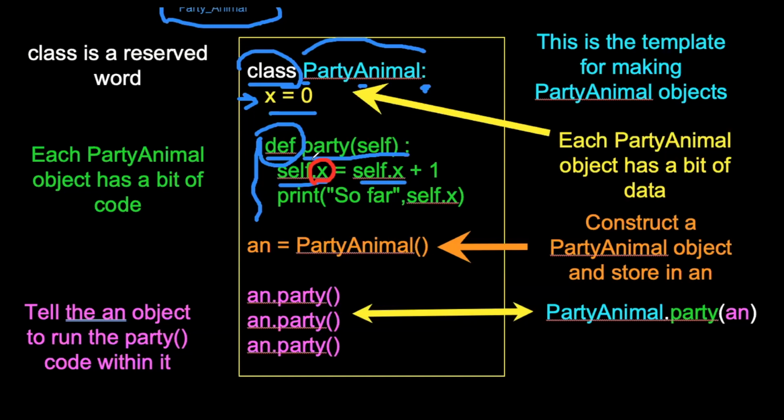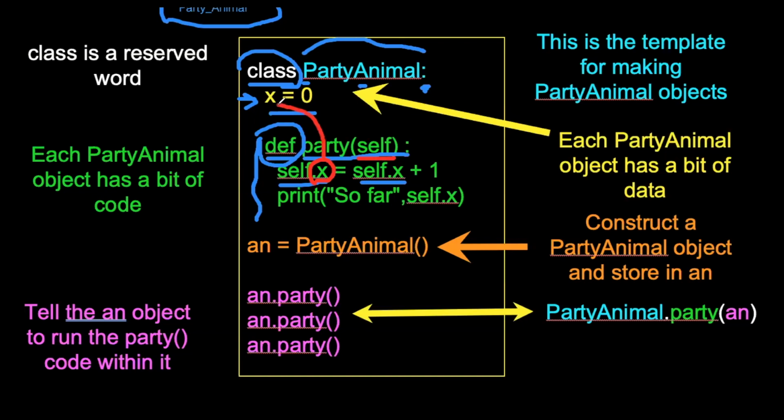You have to use the self pointer. A pointer is a data type in C++, but we use the term interchangeably, and it points to the specific location of that object, which is party animal in this case. So self is a pointer that stores the memory address of the party animal instance. That's another way of saying it.